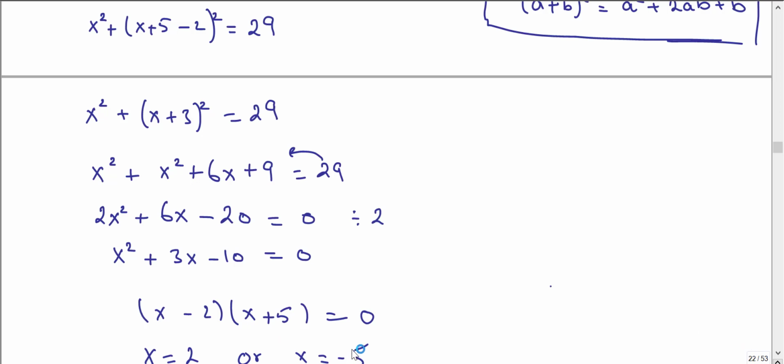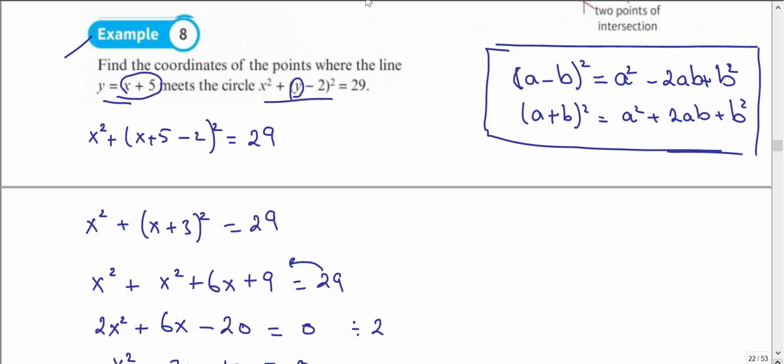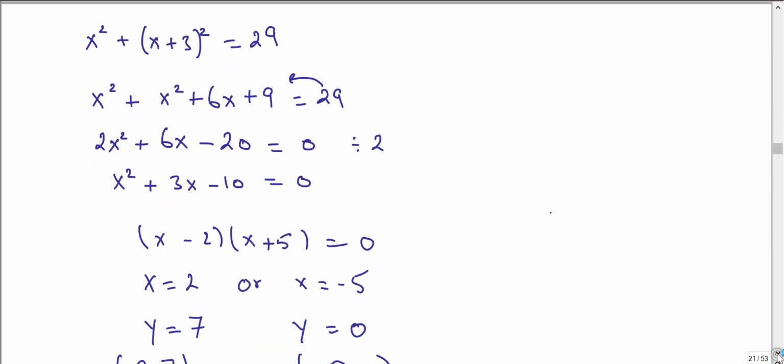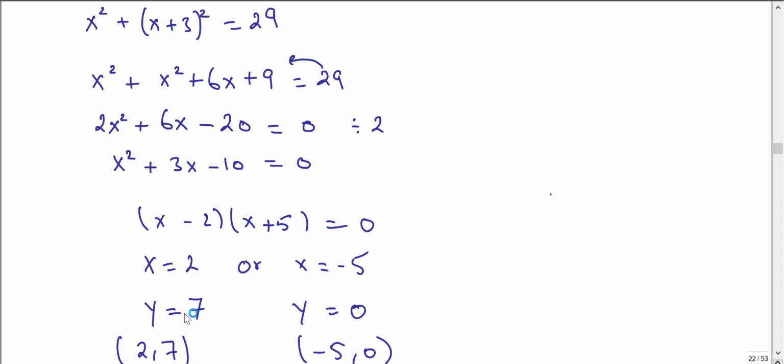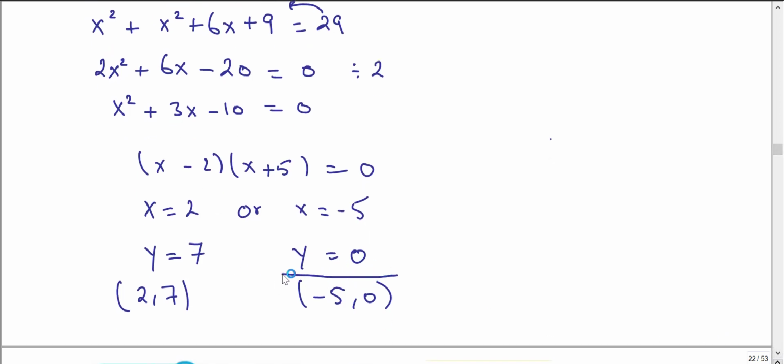You still need to find y. How to get y? You go back and substitute. In which one? It works in both ways. Yani you can substitute in either one. But it's easier to substitute here. There is no power 2 here, so it's easier to use this one. So you substitute x equal 2, you get y equal 7, and then you substitute x equal minus 5, you get y equal 0, and you write the points. You have to write the points. Pair of coordinates like this. Easy or difficult?